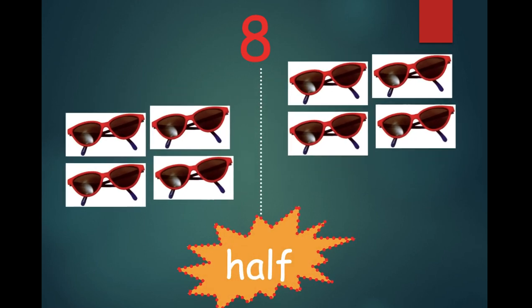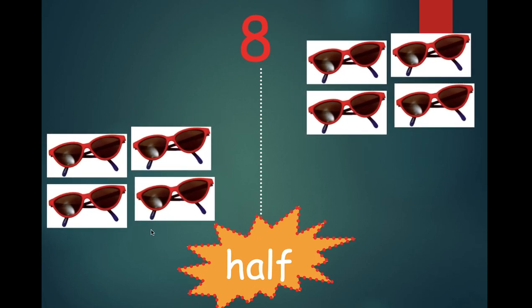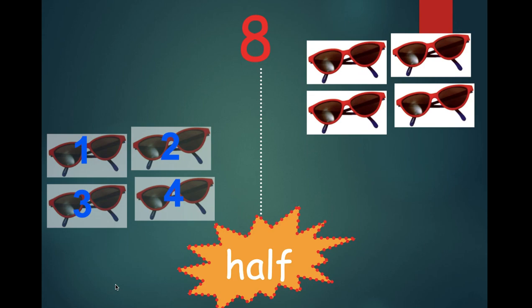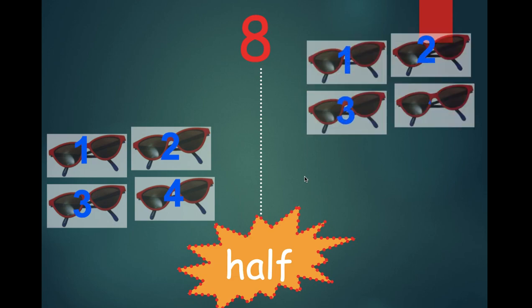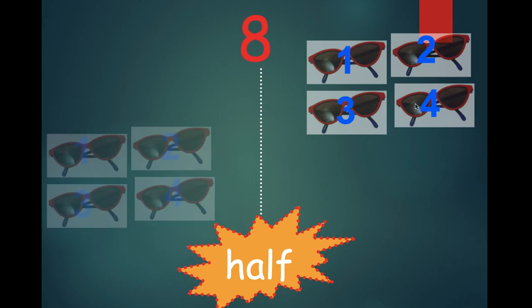So I'm dividing them. This side we have some and this side we have some, but they seem to be equal. Let's count whether they are in the same number. 1, 2, 3, 4. I have 4 here. And now look at this side. 1, 2, 3, 4. So I have 4 this side. You can see both the sides I'm having the same number of goggles.